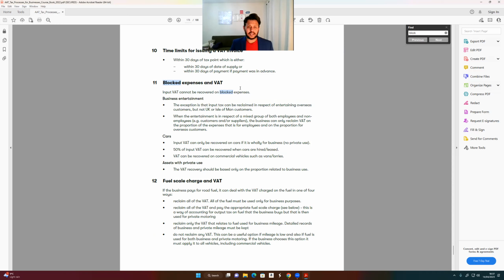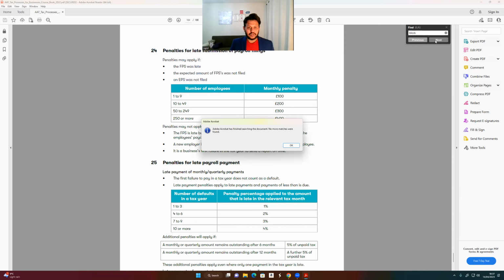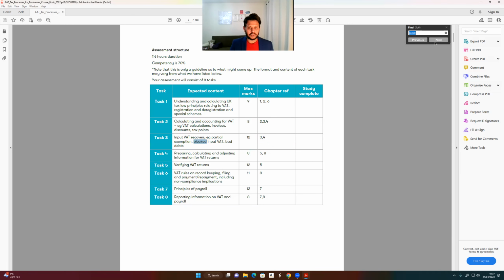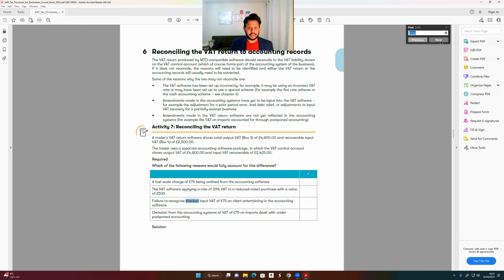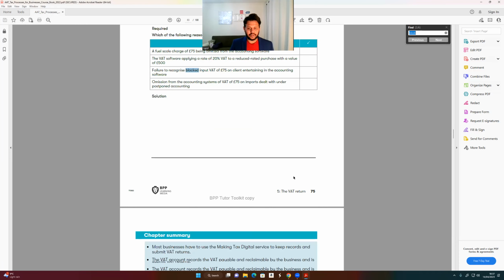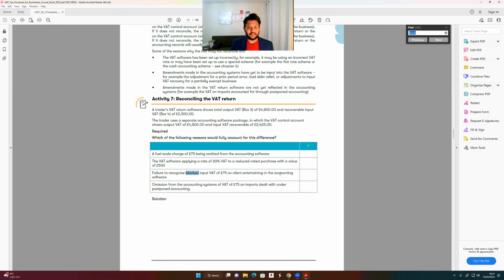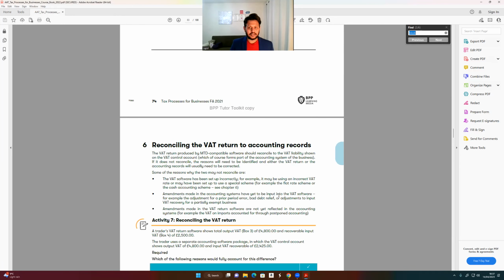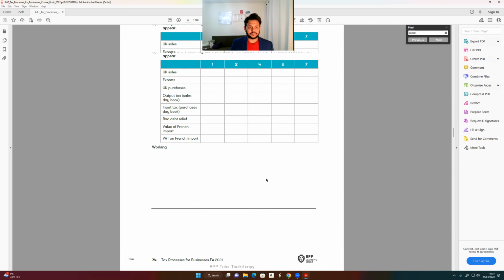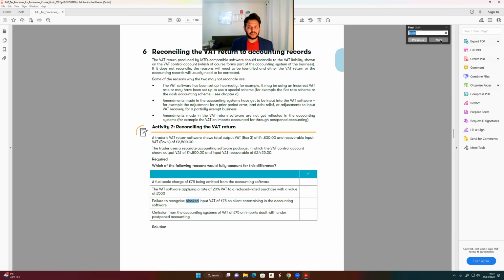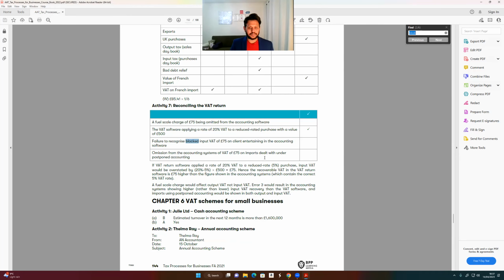If there is a blocked expense, input VAT cannot be recovered. Maybe you need to look at it in detail in the book, chapter number 5 actually. You can look at the blocked accounting here. I need to look where they explain all of this. All right, we'll go back there and continue our question.